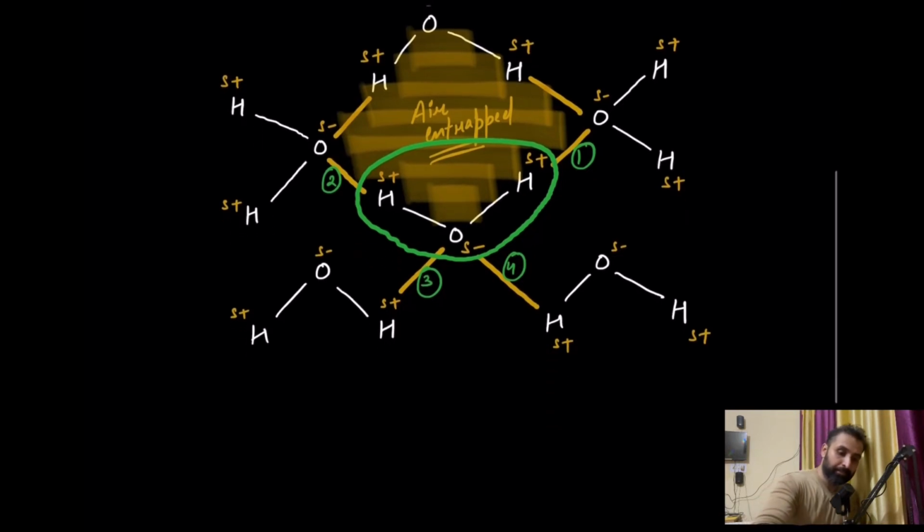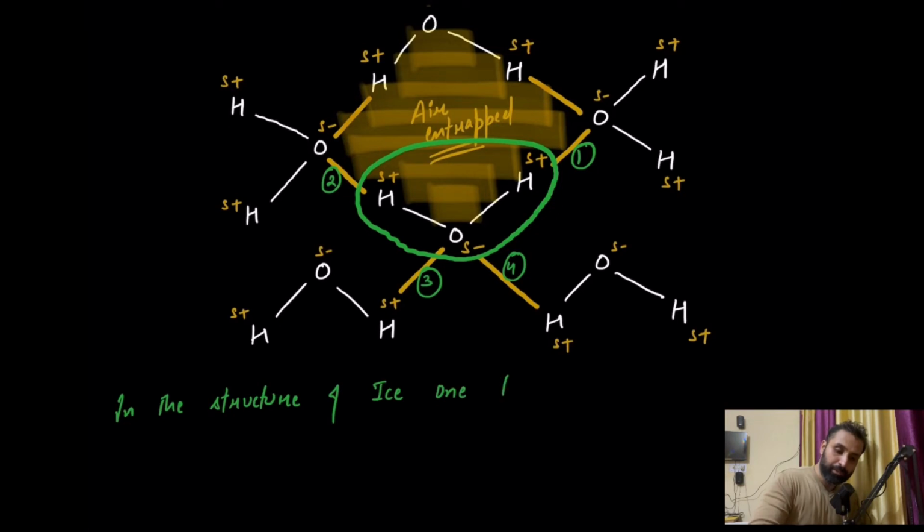I'm writing: in the structure of ice, one H2O molecule will make 4 permanent hydrogen bonds.